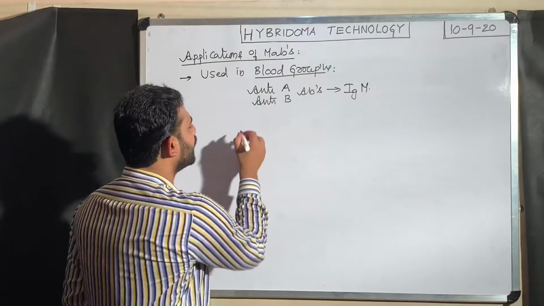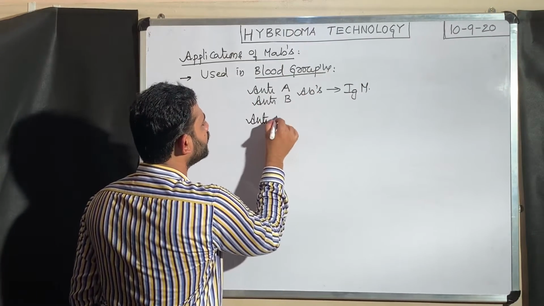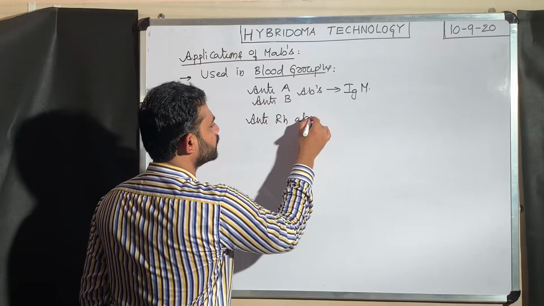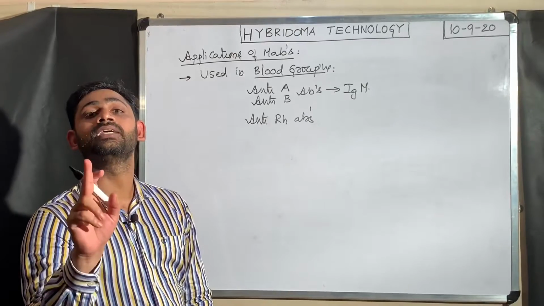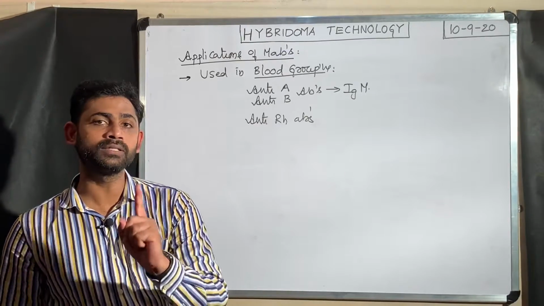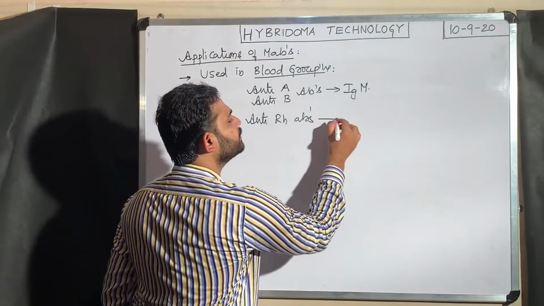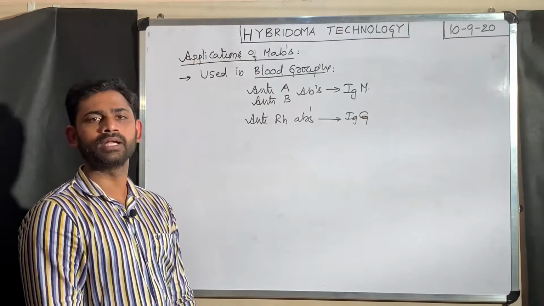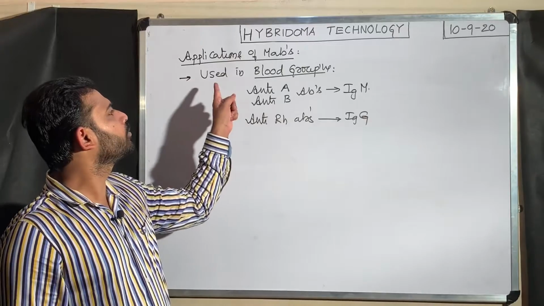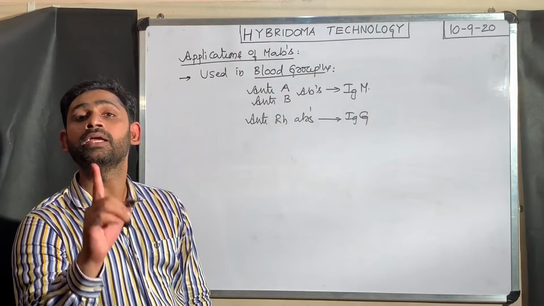The next one is anti-RH antibodies. These antibodies react with only RH antigen. These are also monoclonal antibodies, and these anti-RH antibodies belong to class IgG. That is why monoclonal antibodies are used in blood grouping.